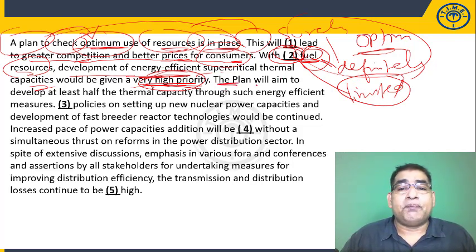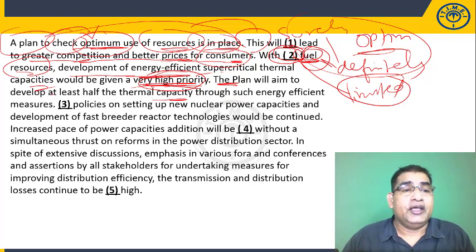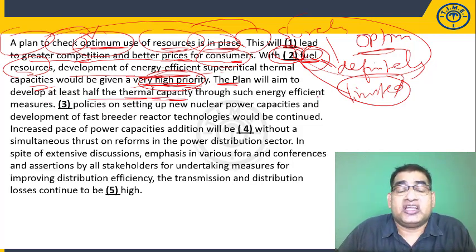Then the author says the plan will aim to develop at least half the thermal capacity through such energy efficient measures. So the author is talking about the future benefit of that, or result of that.